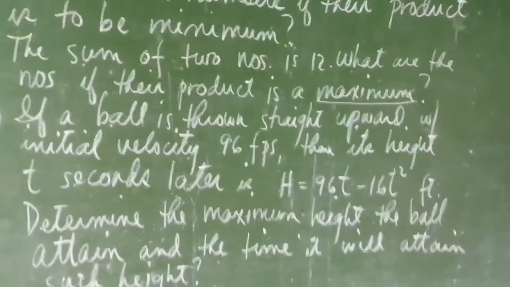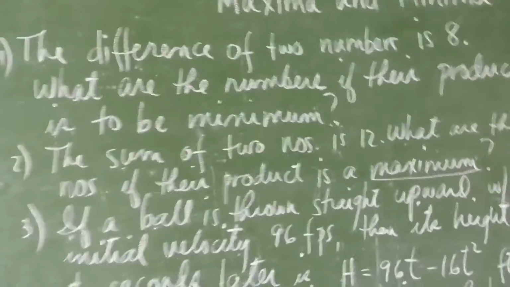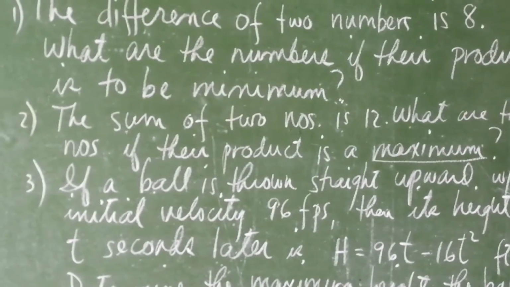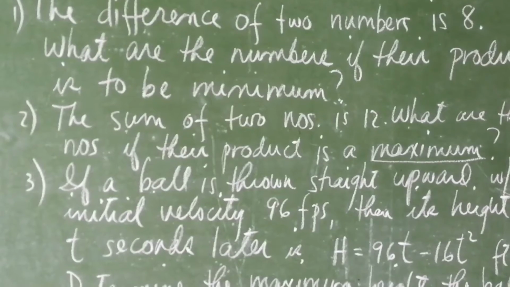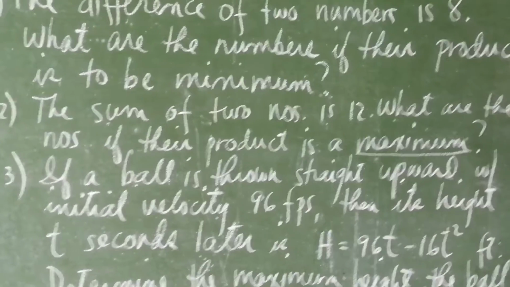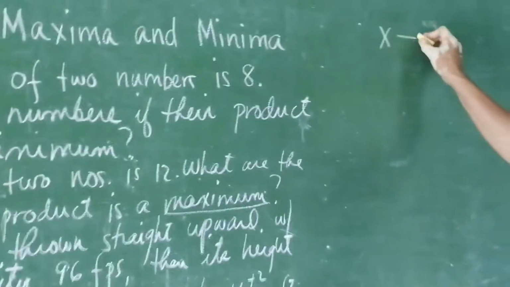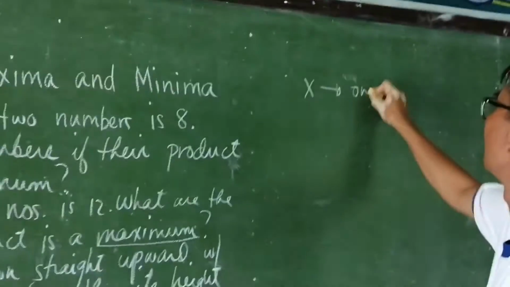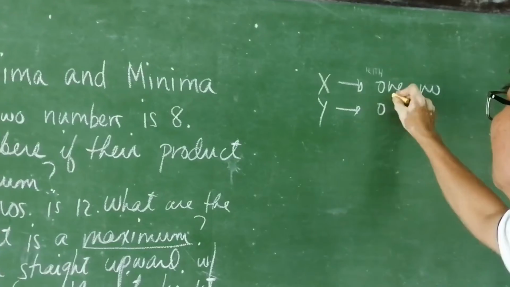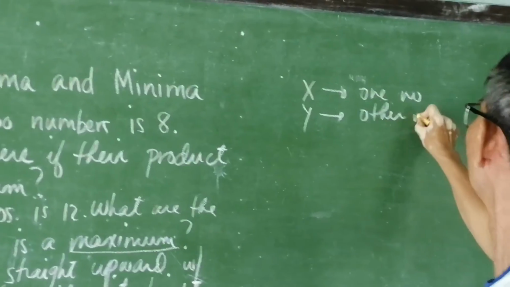Each group will start with number 2. So we are going to start with number 2. The sum of two numbers is 12. What are the numbers if their product is a maximum? So let x be one number and y will be the other number.